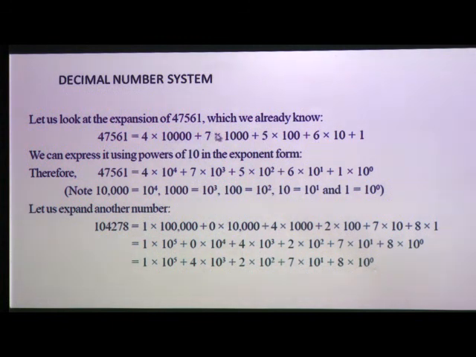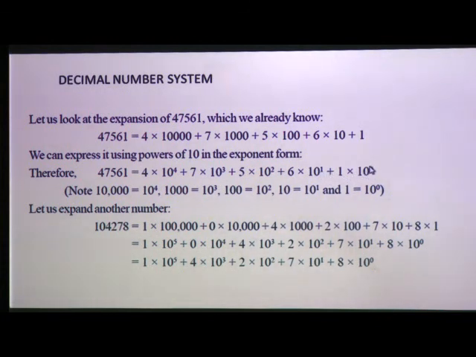If we write in this format, can we write this in exponential form? Yes, you are right, we can write in exponential form. Here it is 10,000, so the number of zeros is nothing but the power. So, we write 4 into 10 raised to power of 4 plus 7 into 10 raised to power of 3 plus 5 into 10 raised to power of 2 plus 6 into 10, you can write 10 or 10 raised to power of 1, plus 1 into 10 raised to power of 0.